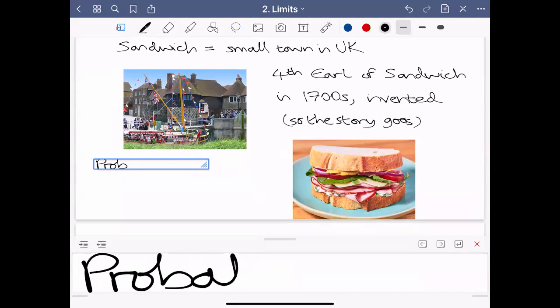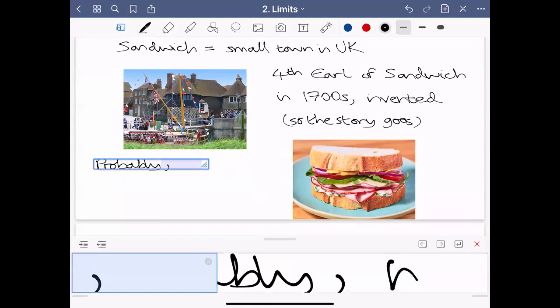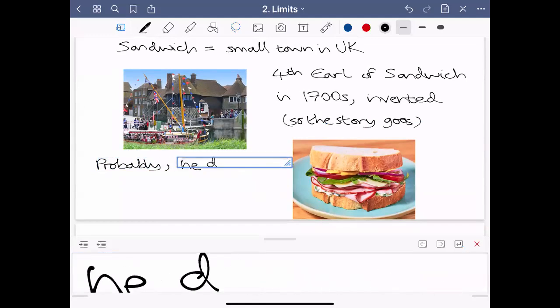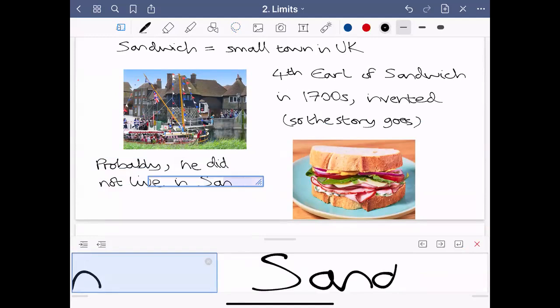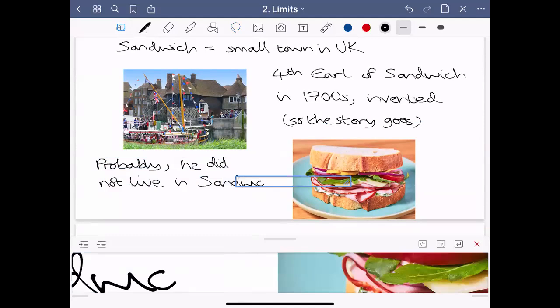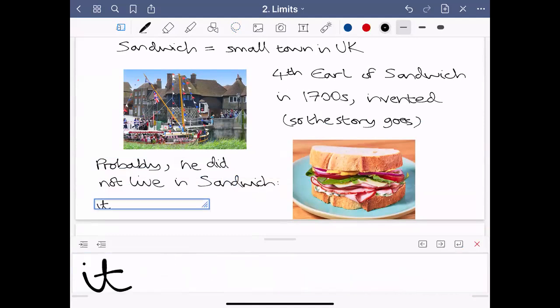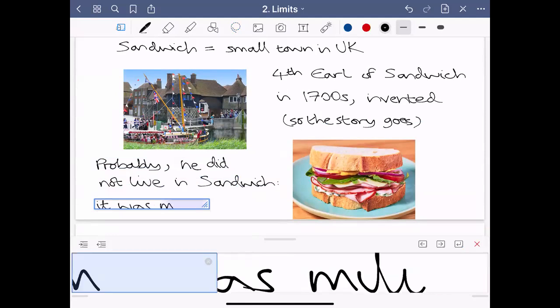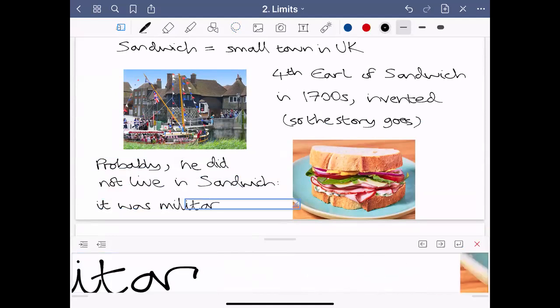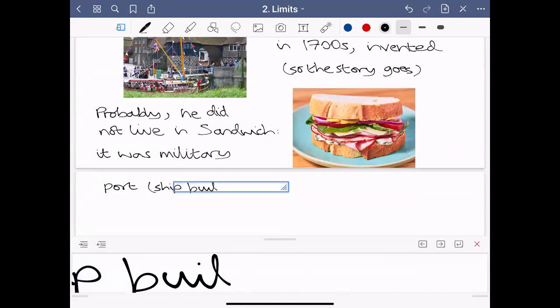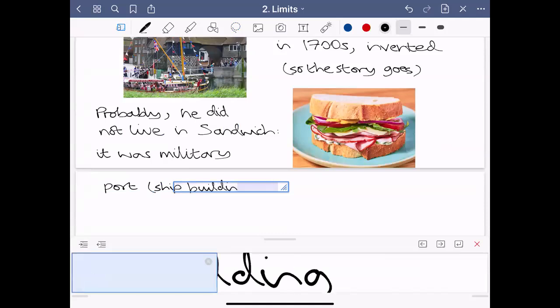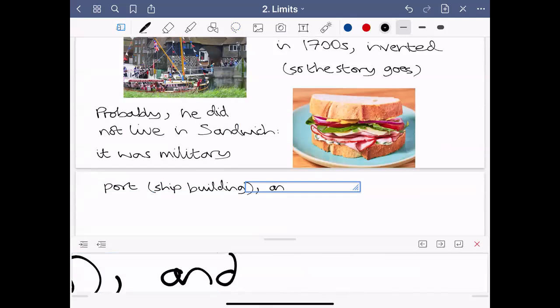So probably did not live in Sandwich. It was a military court, for shipbuilding and so on.